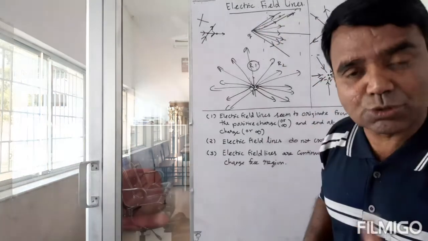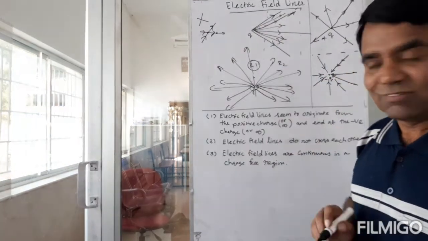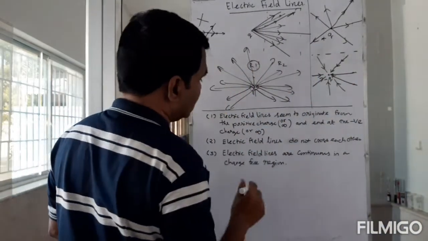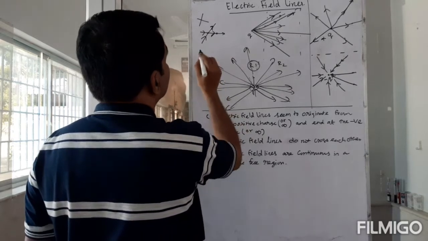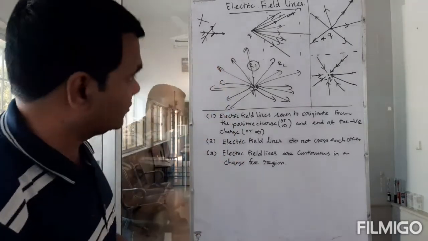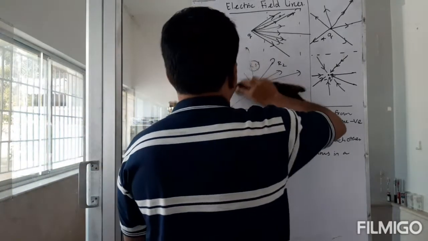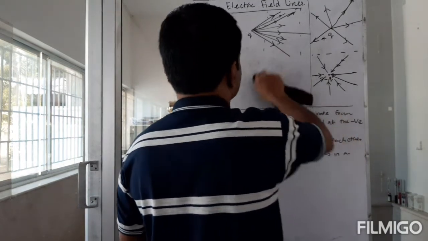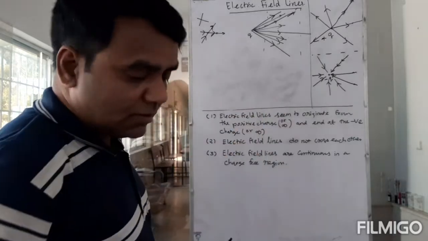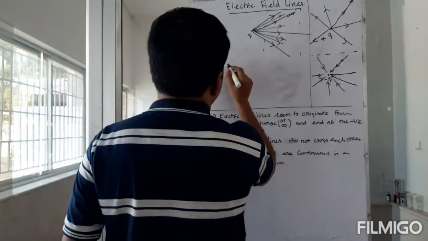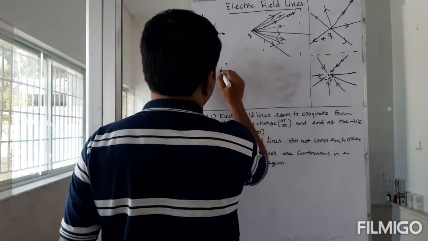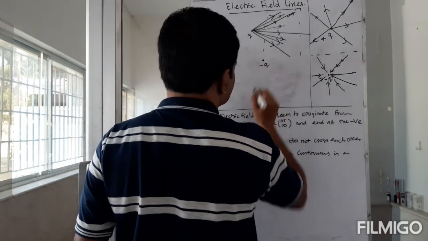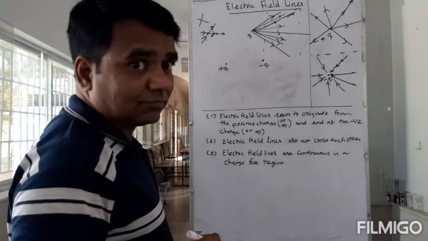Then what happens when you have another charge here? Let's say I have a charge here, plus Q, and then a charge here, minus Q. What will happen?